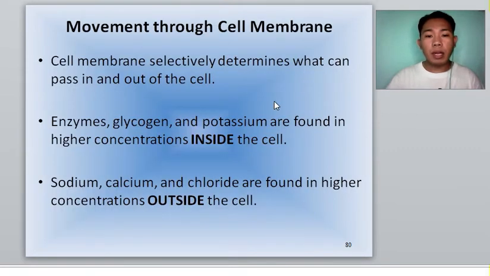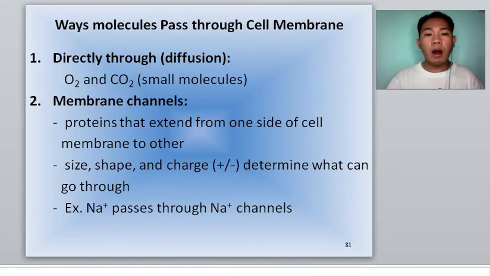The cell membrane selectively determines what can pass in and out of the cell. The enzymes, glycogen, and potassium are found in higher concentrations inside the cell, while sodium, calcium, and chloride are found in higher concentrations outside the cell. There are different ways molecules pass through the cell membrane.